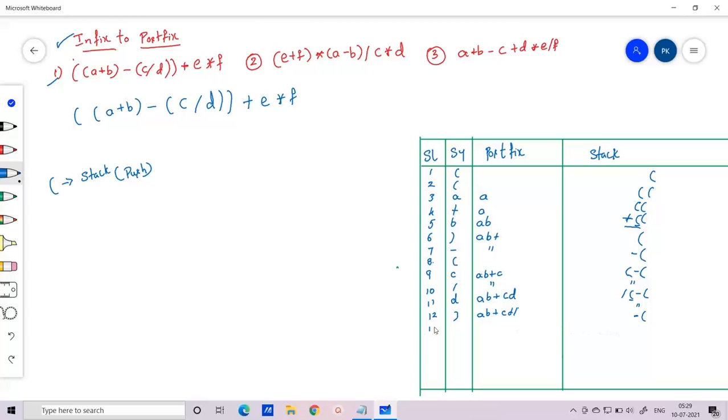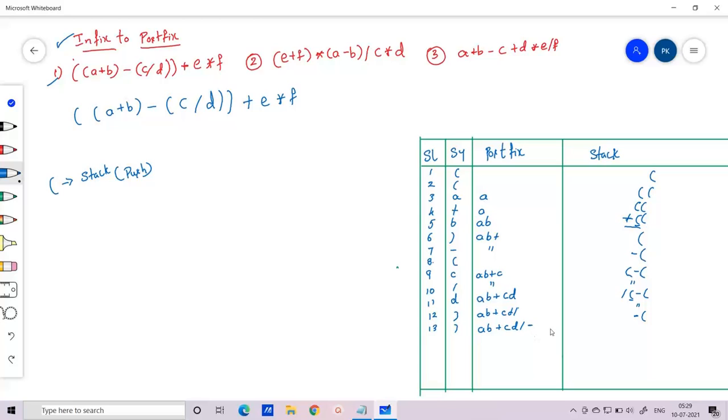Next, the 13th character. The 13th character is again a closing bracket. Once you see a closing bracket, we remove everything from the stack until you see an opening parenthesis. So I'll get A, B, plus, C, D, divide by, and minus.